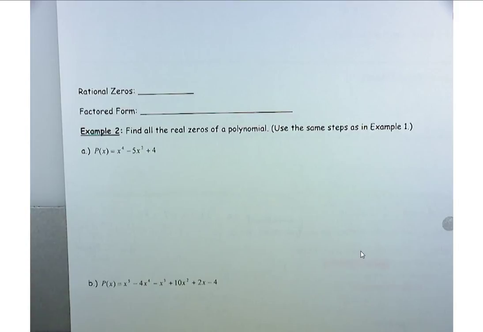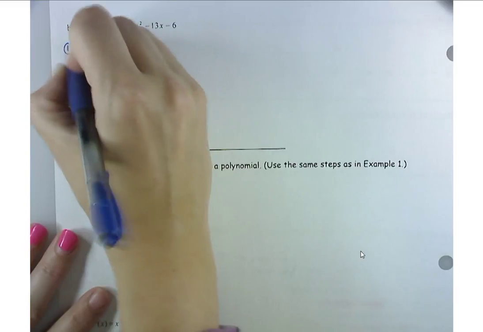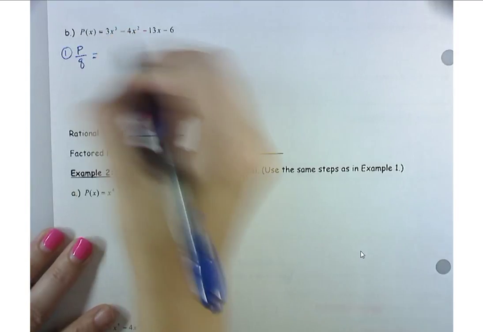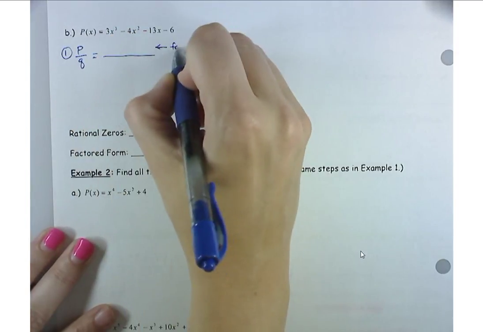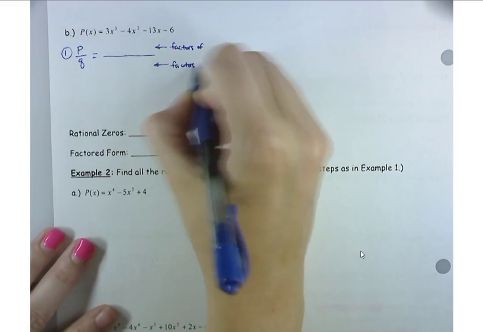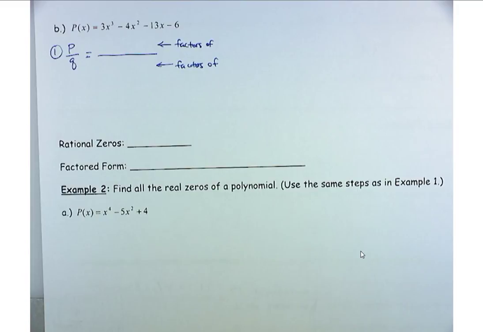You to start with step 1. So what are we doing for step 1? Good, P over Q. Okay, so Griffin, what's going to go on top?